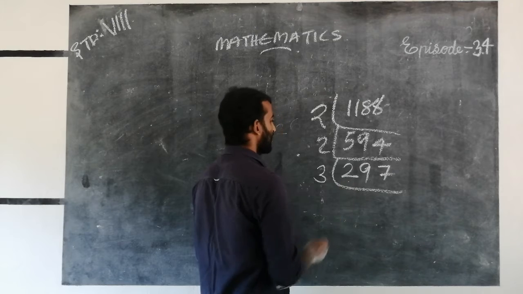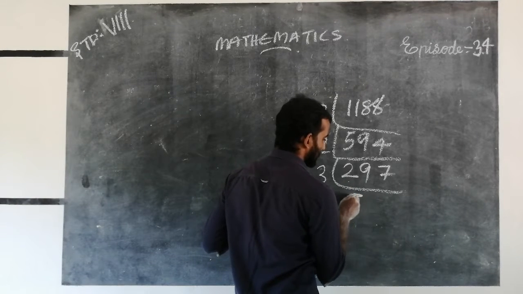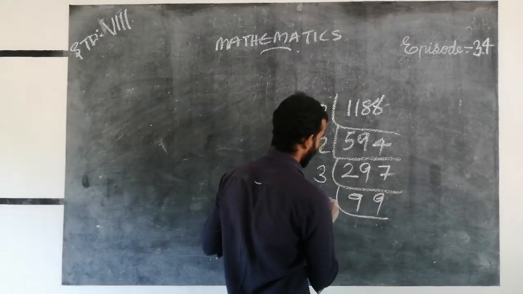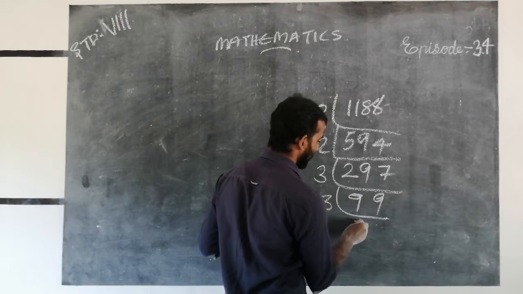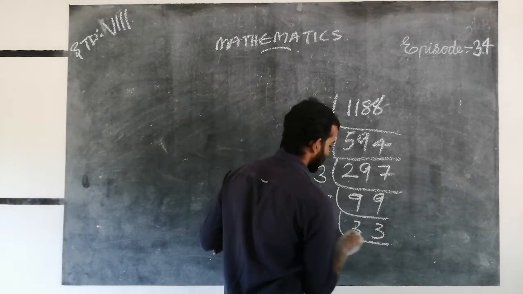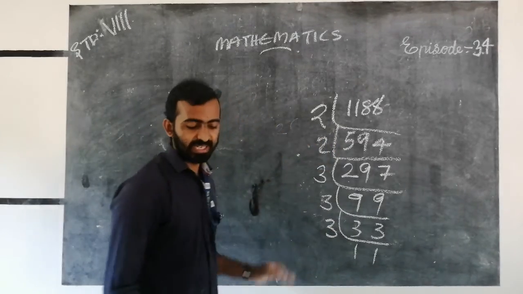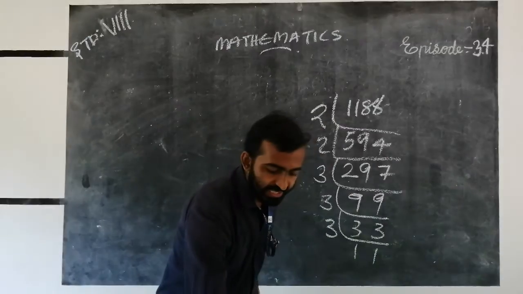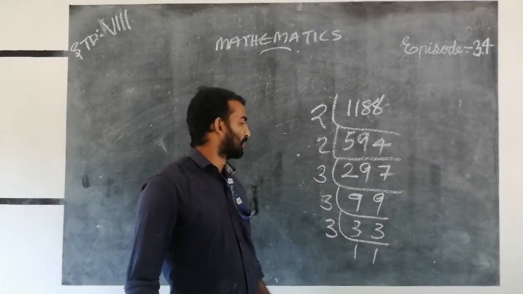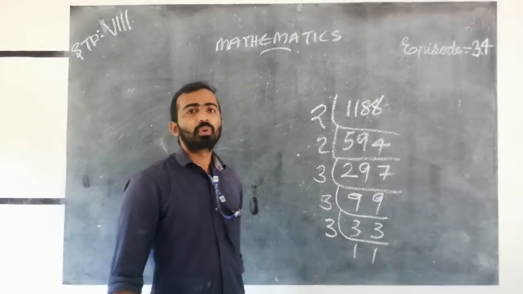Here we get 9 and also 3, that is 3 times 3. Is it? Yes. And when we take 3, that is 11. That is the prime factorization. When we see the prime factorization, 2 and 11 have no common factor.